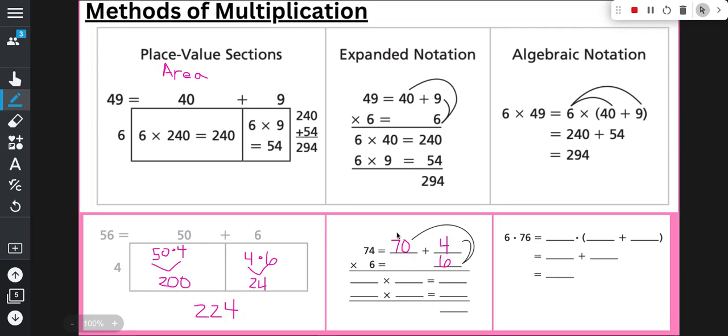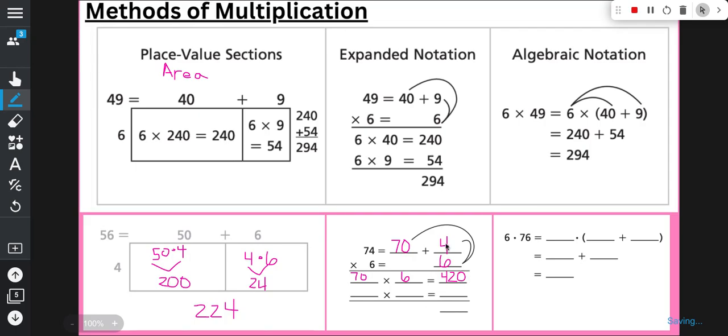Everything on the top has to get multiplied with everything on the bottom. So the first thing we're multiplying is the 70 times 6, and that's how we get this first row of numbers. 7 times 6 is 42, and we add 1 0 at the end of that.